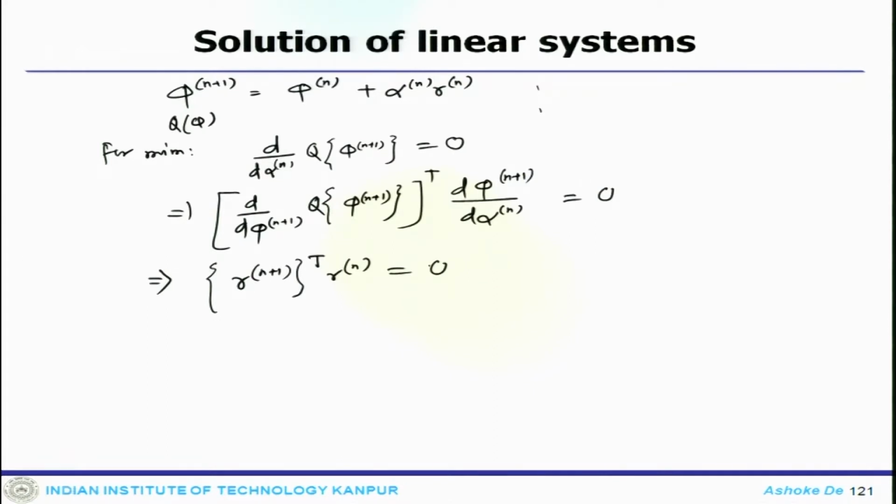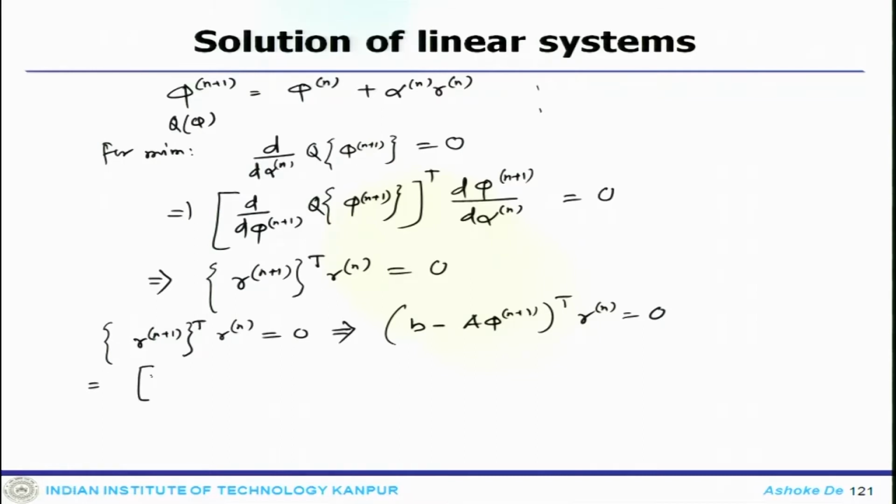Now, the value of alpha n can be calculated from this. R n plus 1 transpose R n is 0. That means b minus A phi n plus 1, transpose R n, is 0.